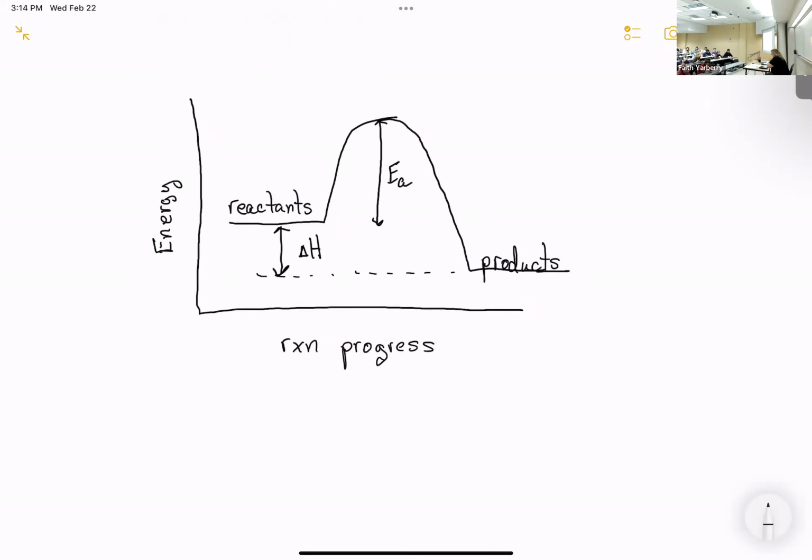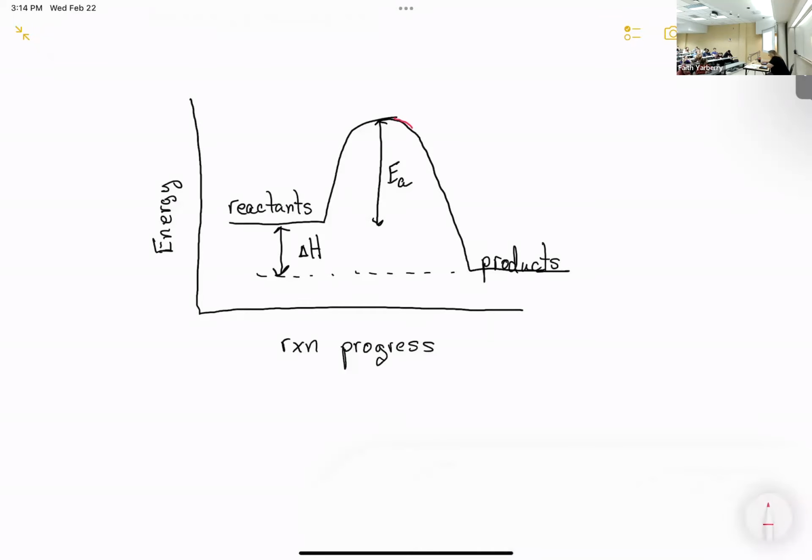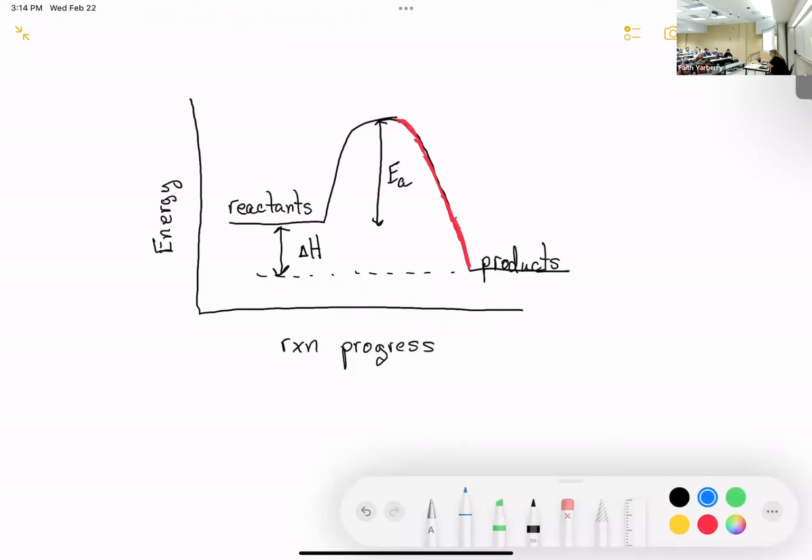Now, in this particular case, more energy is given off than was absorbed.